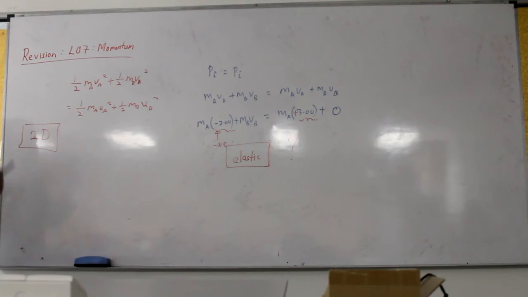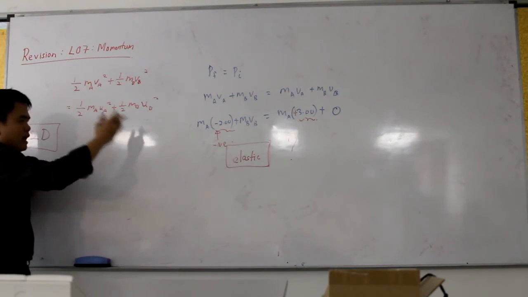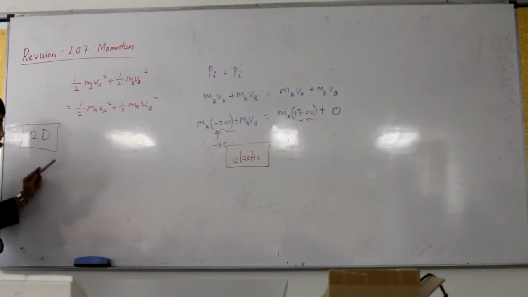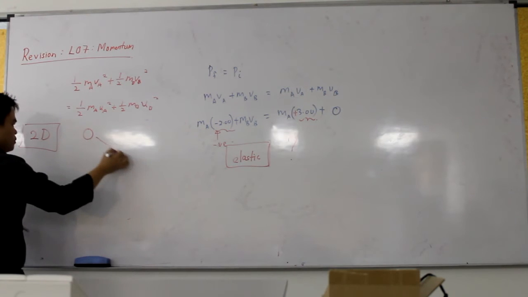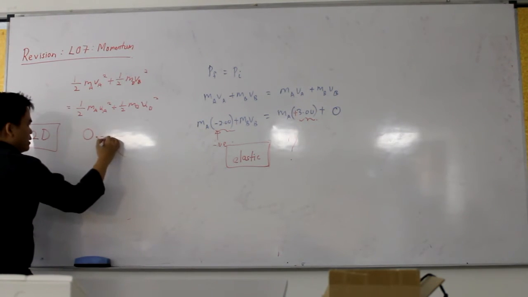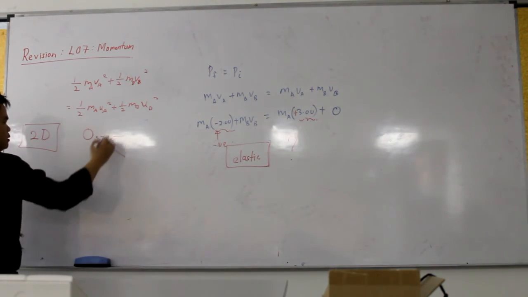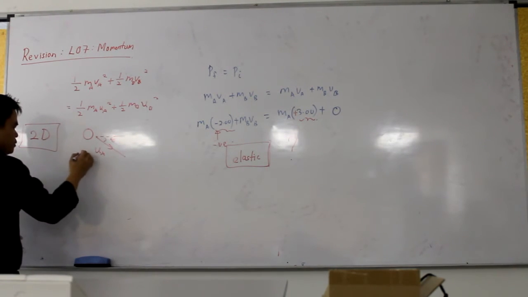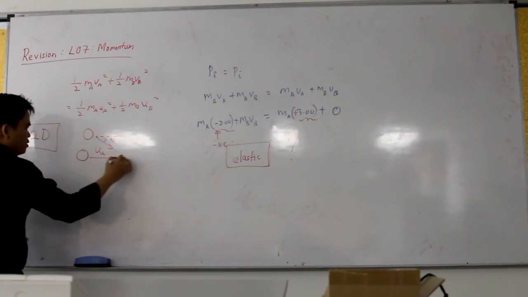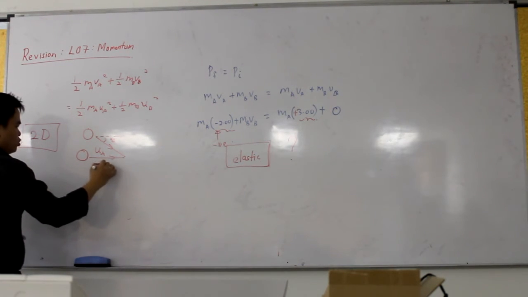For 2D, it's still the same thing because it is a vector, and you know that for a vector we can always resolve it into the particular x and y components. So let's say I give you one example. A moves at an angle theta here. This one is uA, let's say. On the other hand, there's another ball moving horizontally, which is uB.